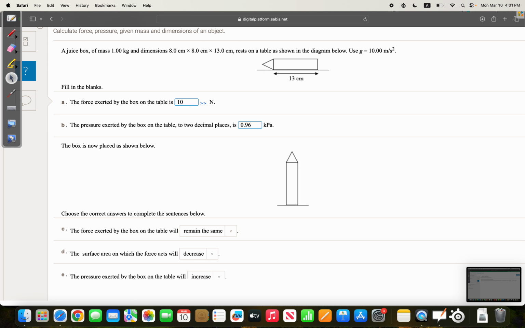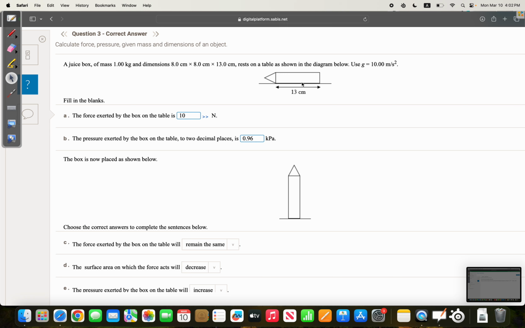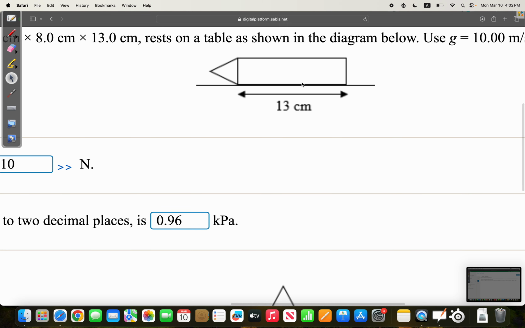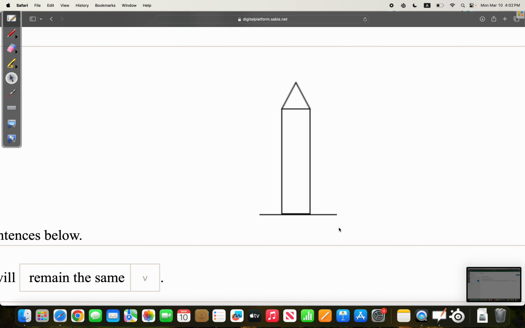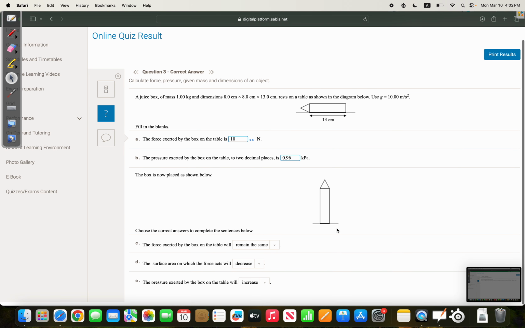The surface area will decrease because, as we can see here, the area that is pushing the table downwards, giving the table a force downwards, is more compared to here, which is why the surface area will decrease.